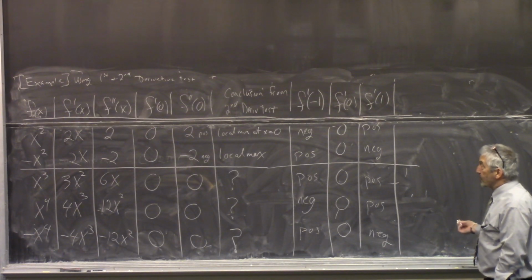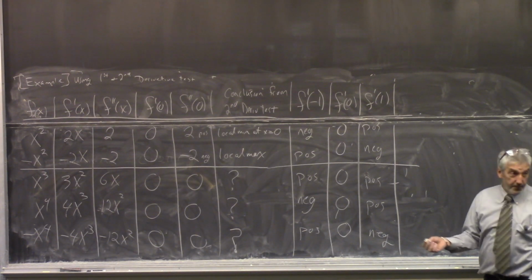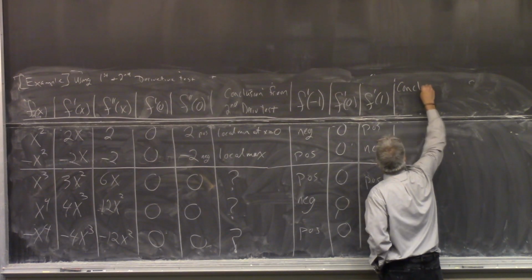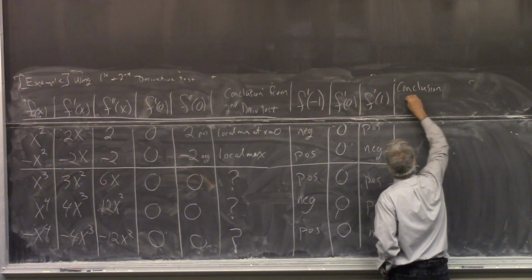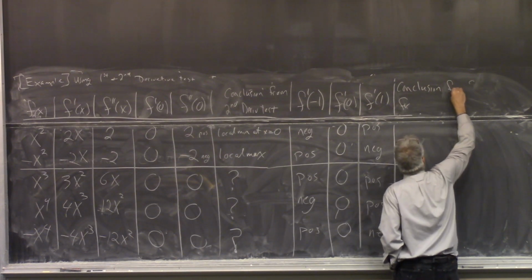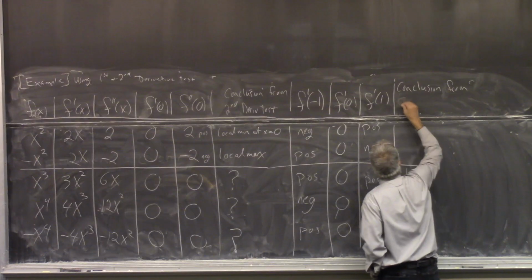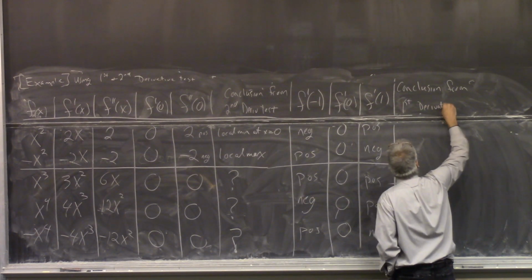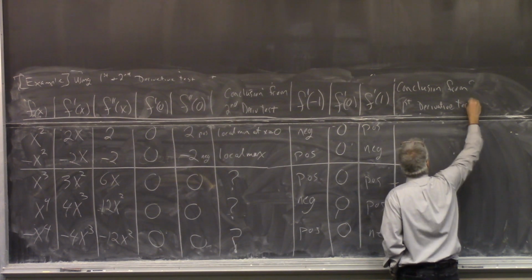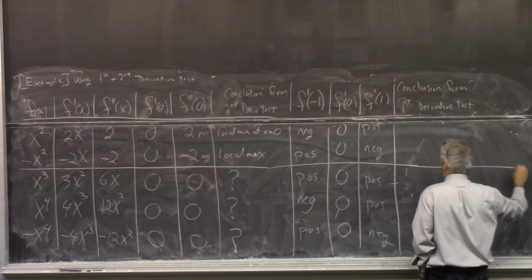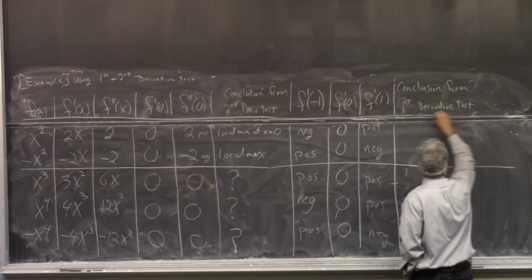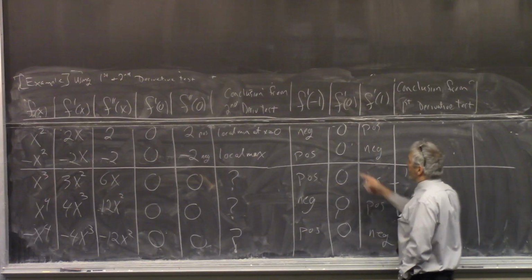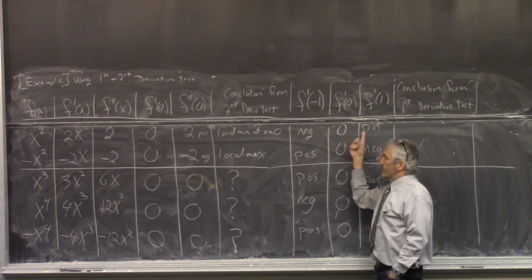So let's think about the conclusions that we can draw from the first derivative test. Well, the first derivative changes from negative to 0 to positive.